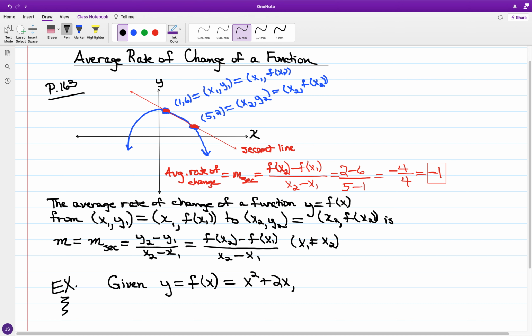And let's say you're looking at determining the average rate of change of this function.